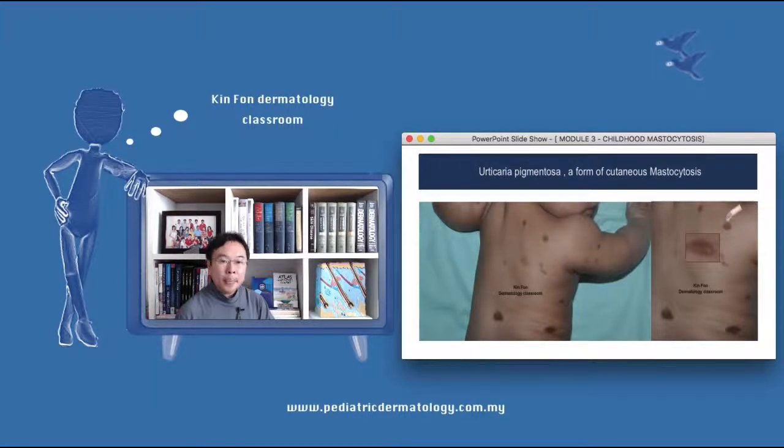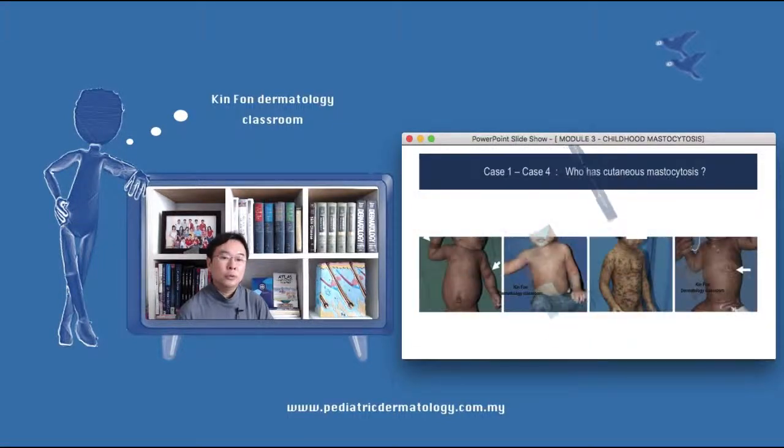Urticaria pigmentosa indeed is the most common form of cutaneous mastocytosis, but on the other hand, cutaneous mastocytosis has other morphological presentations, and these are some of them. It goes from single mastocytoma to multiple mastocytoma.